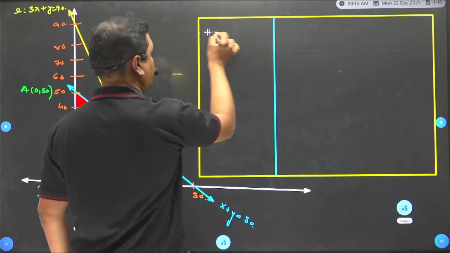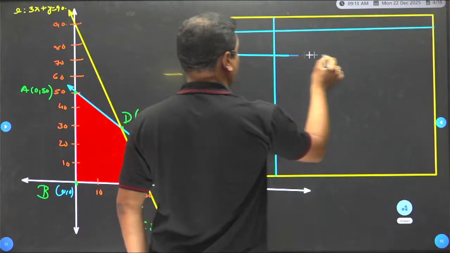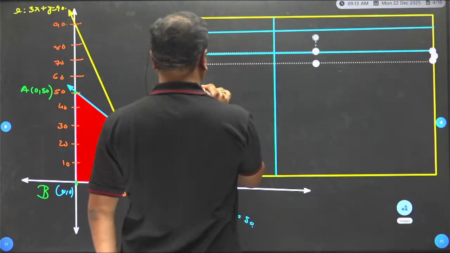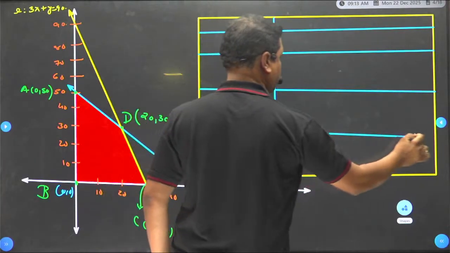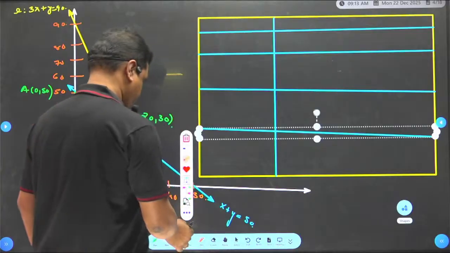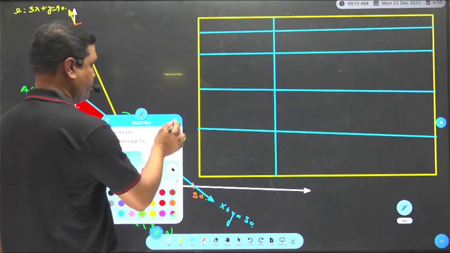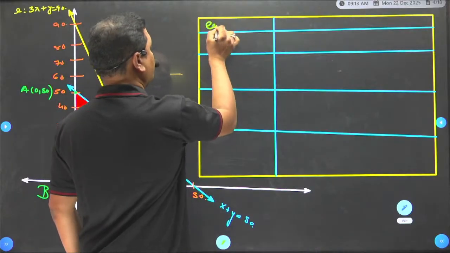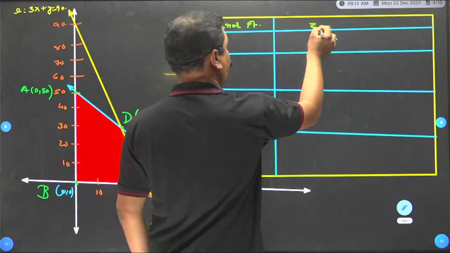Corner points. How many corner points are there? 4. First, second, third. Corner point. What is Z?